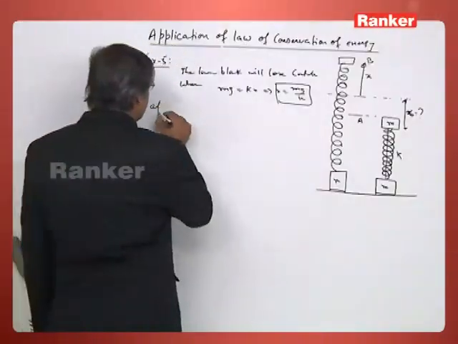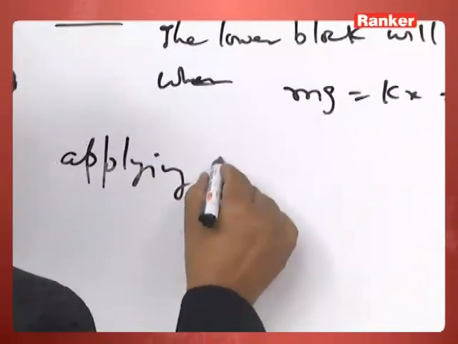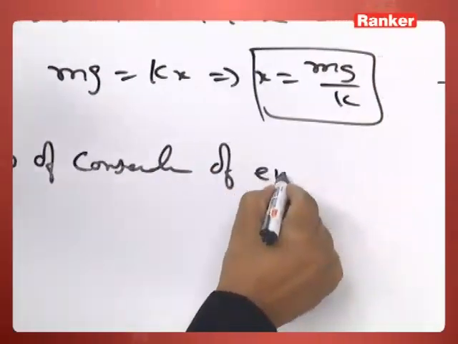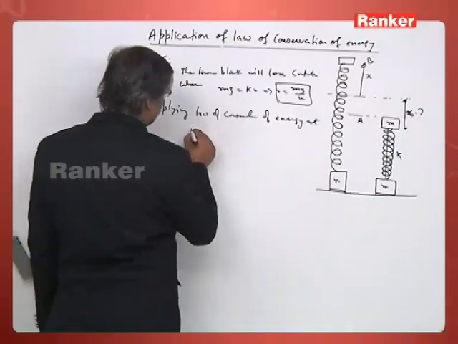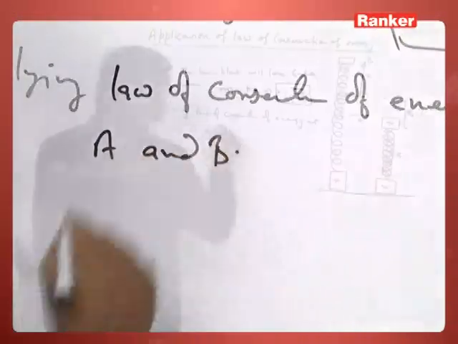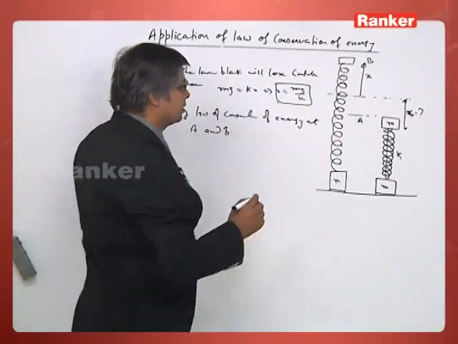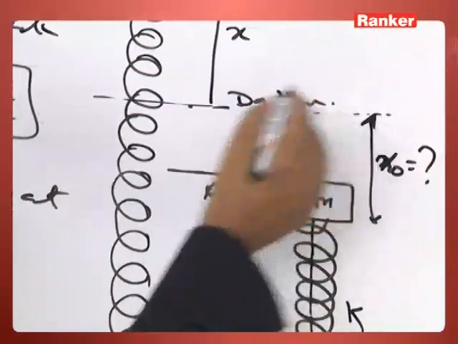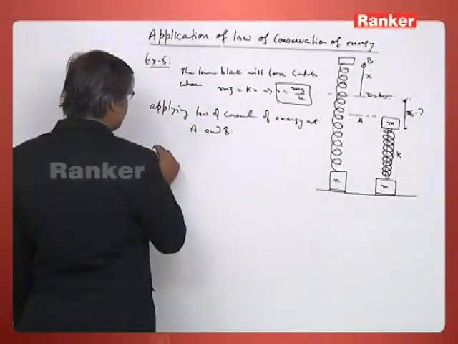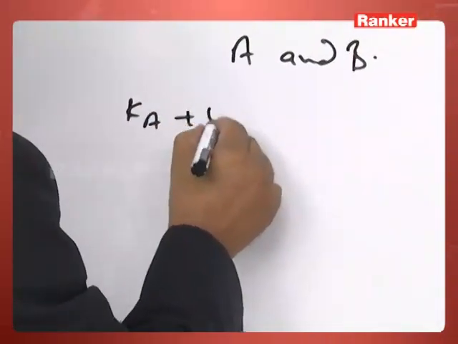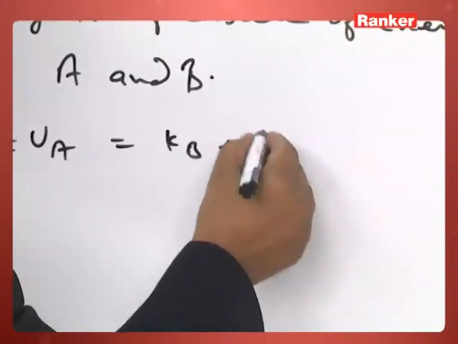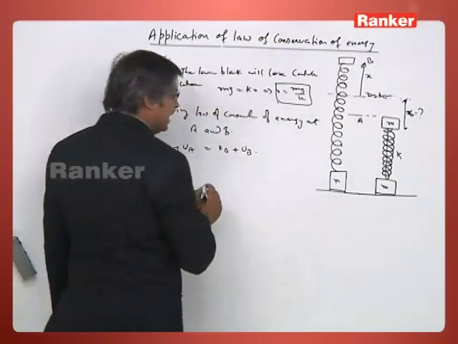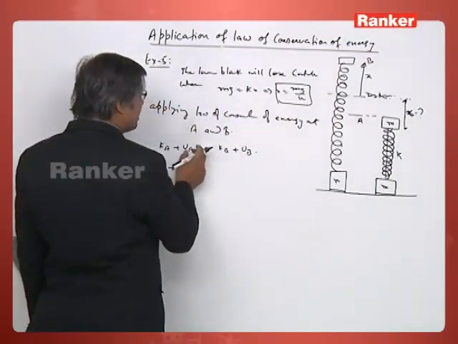So applying the law of conservation of energy at A and B. Suppose I assume that the datum is this natural position. So at A, the kinetic energy is 0, Ka plus Ua is equal to Kb plus Ub. At A, the system has two potential energies.